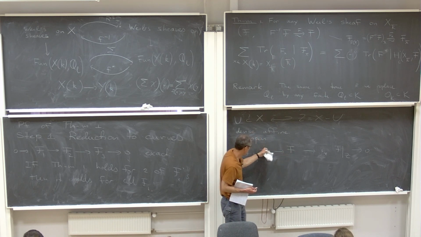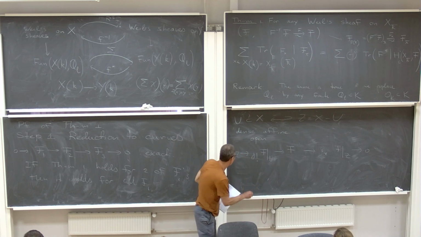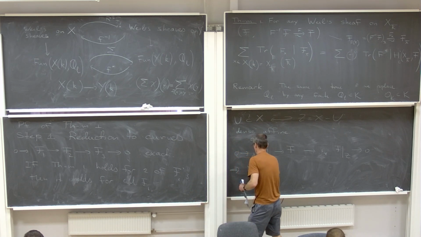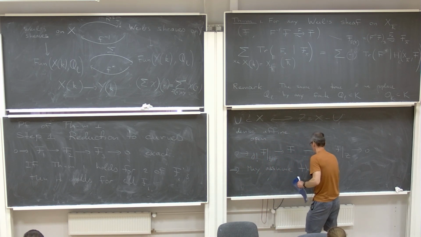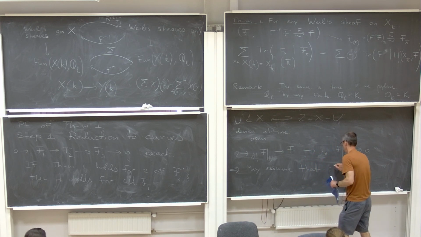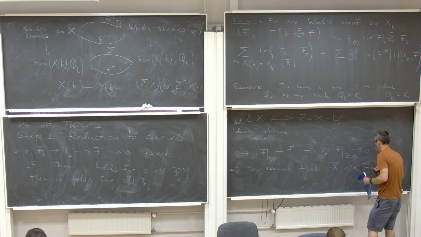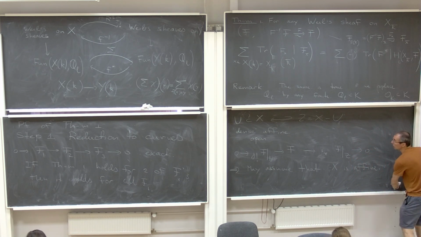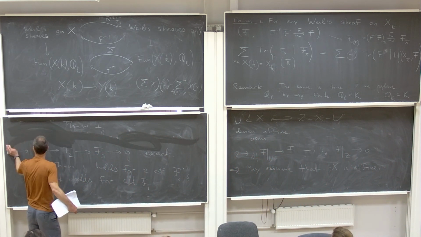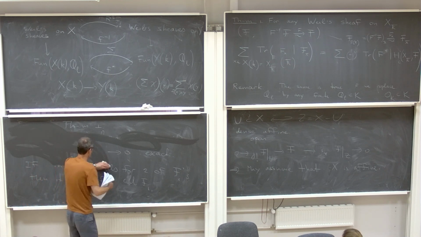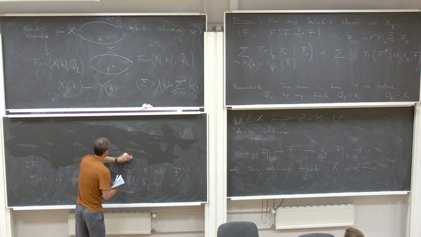Compactly supported homology of this sheaf is just compactly supported homology of F restricted to U. So that means that I may assume that X is affine, right? That X is equal to U. And now, in this case of affine X, I can use the Noether normalization lemma to fiber it in curves.